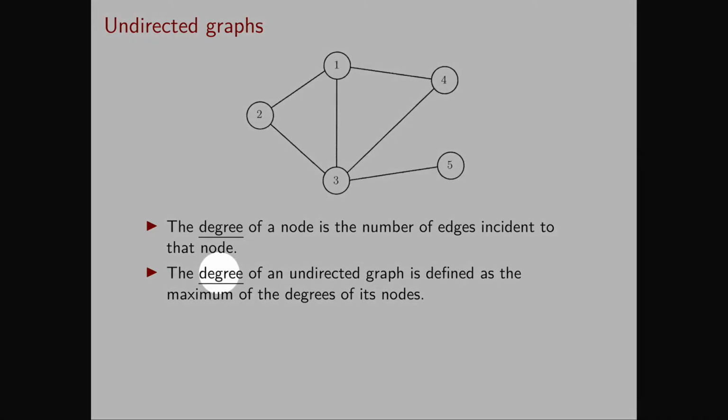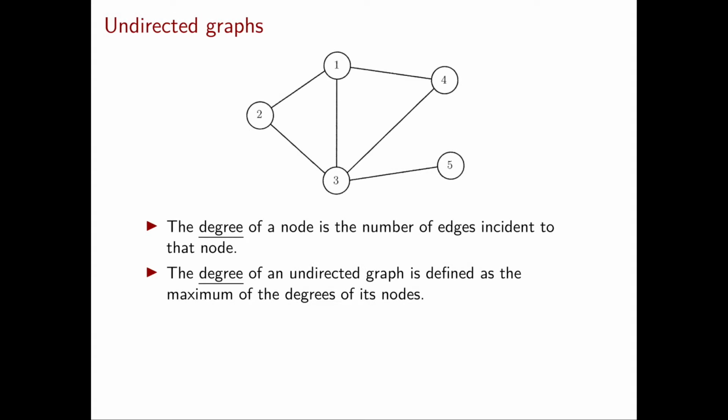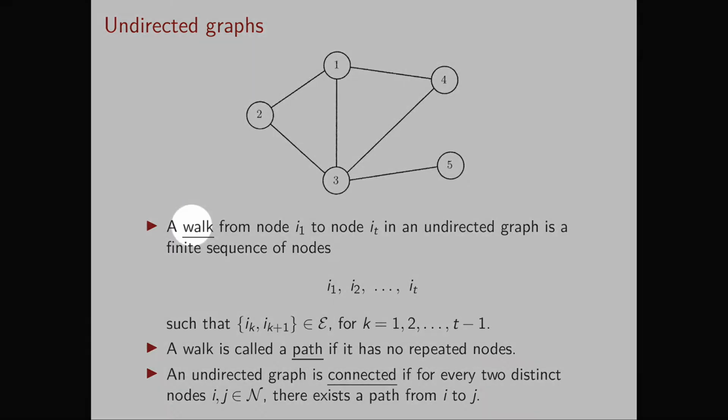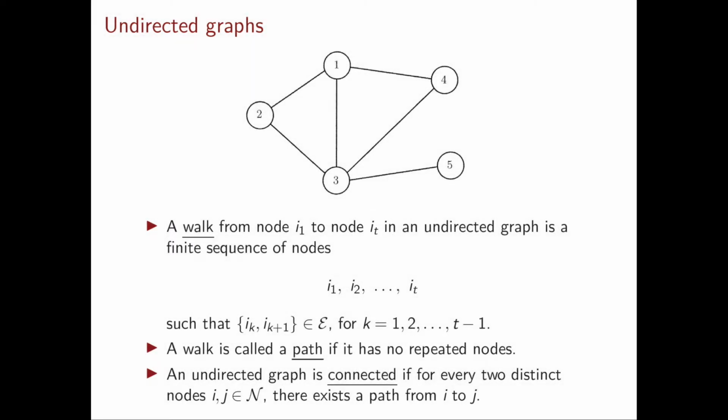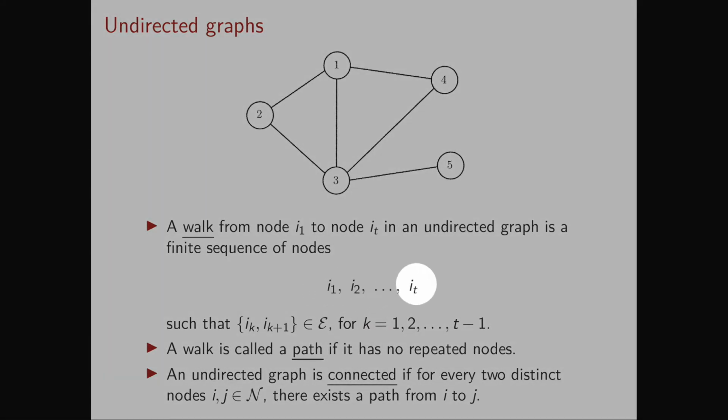The degree of an undirected graph is defined as the maximum of the degrees of its nodes. In particular, you can check that the degree of the graph in our example is equal to 4. A walk from a node i1 to a node iT is defined as a finite sequence of nodes i1, i2, until iT.